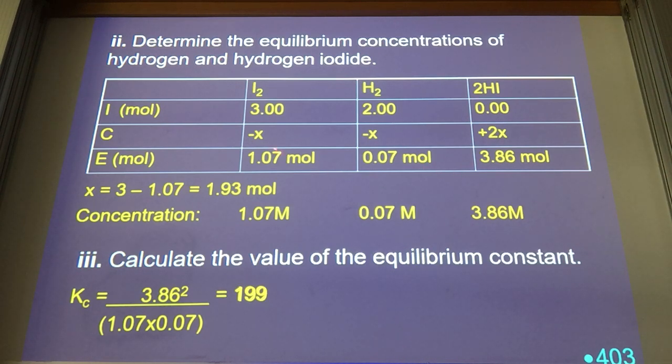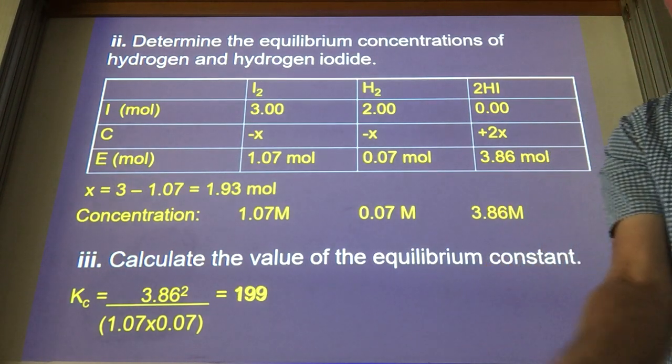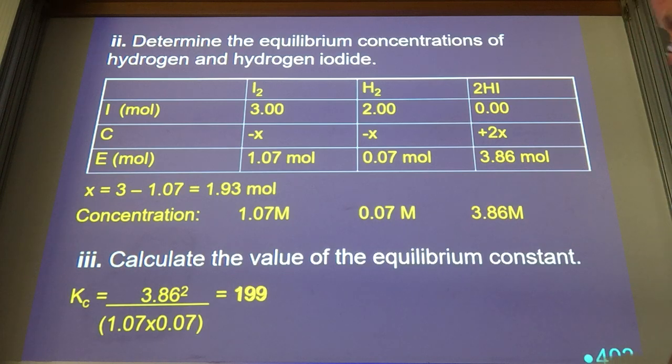Recognise then that the number of moles is going to be the same as the concentration because we've got a 1 litre vessel. Substitute those into the equilibrium constant expression and we've got ourselves an equilibrium constant. Notice how there are no units this time because the coefficients top and bottom cancel out.